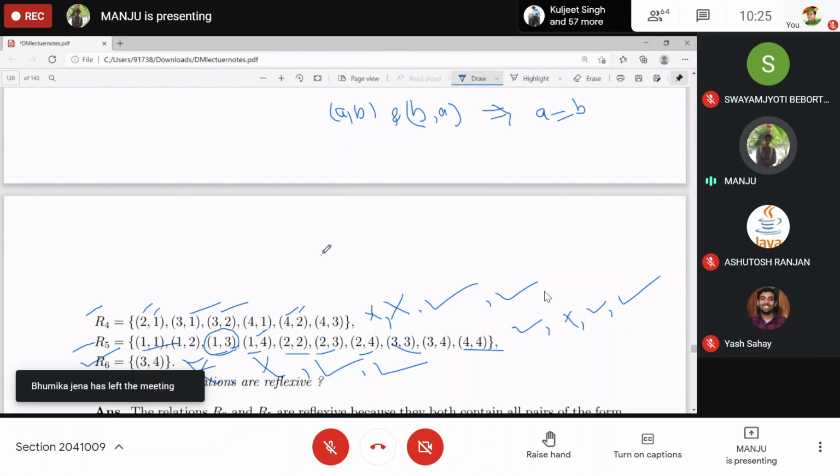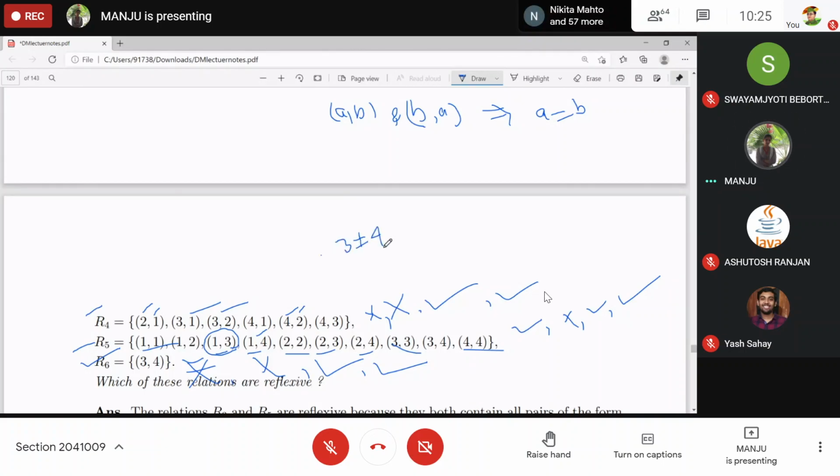Either both are not there, that is (A,B) and (B,A) both are not present, or at least one should not be present in the relation. Okay, so 3 is not equal to 4, right? For not equal, (3,4): either (3,4) is not present or (4,3) is not present. Okay.